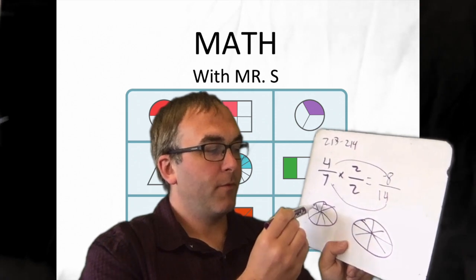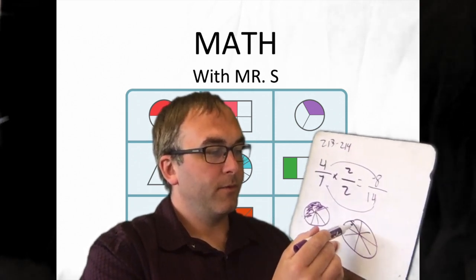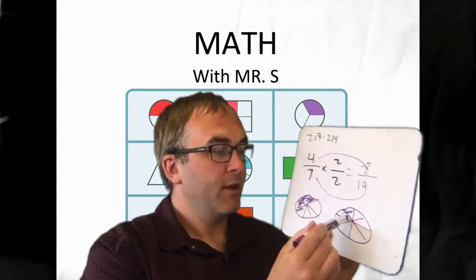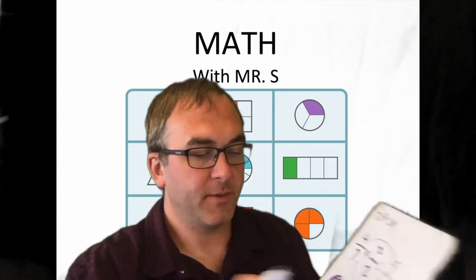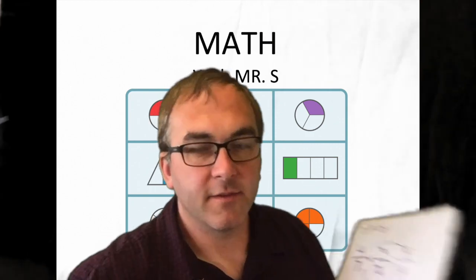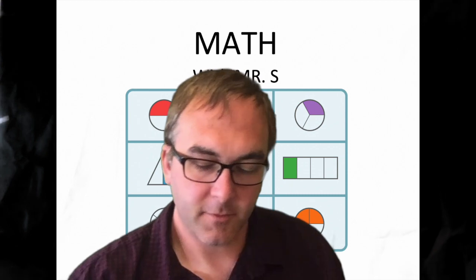And we just said 4 on one side is equal to 8 on the other side with 14 pieces. You would have the same shade. So it'd be the same thing. I didn't do it exactly the same because, like I said, it's hard to make everything equal in a circle with 7 and 14.